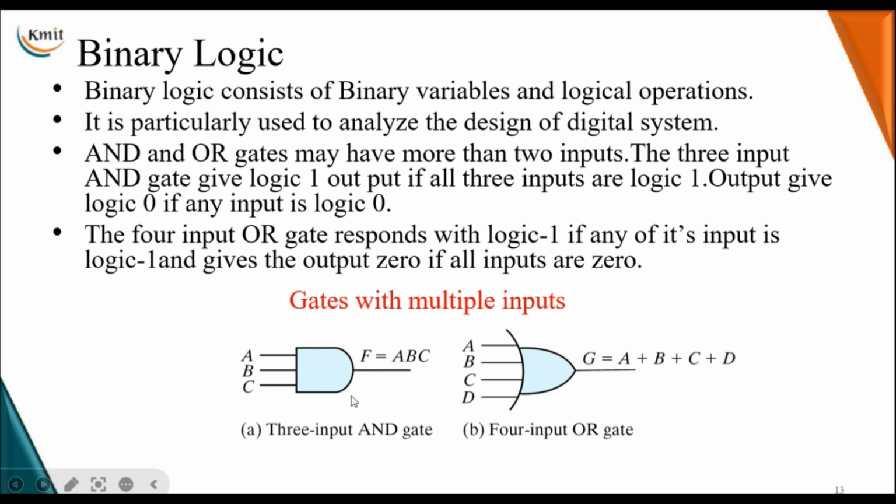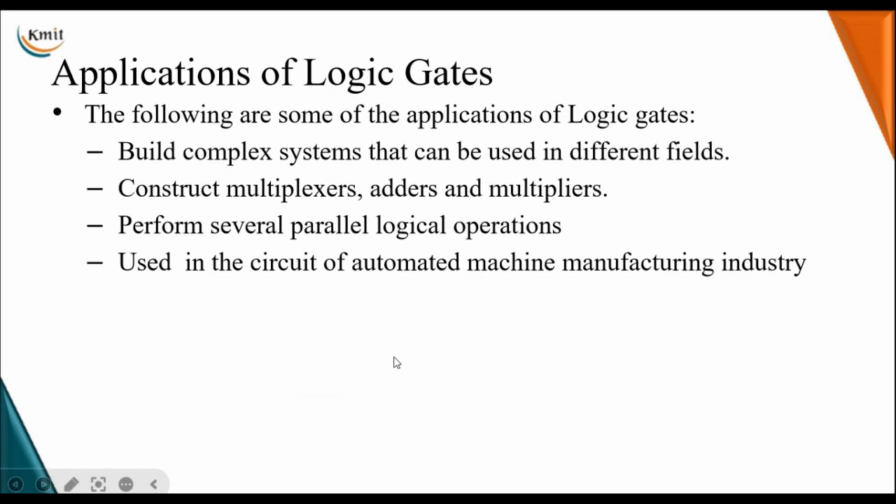The multiple input AND gives the output logical 1 if all the 3 inputs are logic 1. The OR with 4 inputs performs the OR operation as A OR B OR C OR D. If any input is logic 1, the output becomes logical 1. If all inputs are 0, then the output is 0. Like this, by connecting interconnected logical gates with multiple inputs of AND, OR, and NOT combinations, we design binary logical circuits.